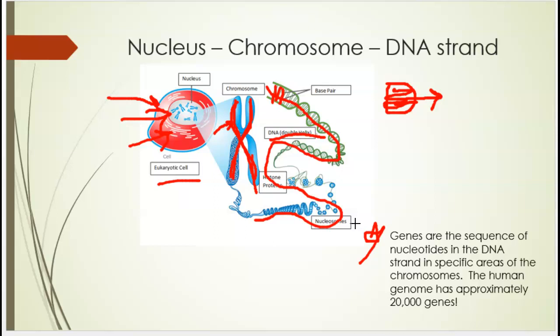Okay, the human genome has approximately 20,000 genes. Every time I go to teach this, honestly, I have to go back and really refocus on it because it's so complicated. Then I'm like, gee, why is it complicated? Because there's 20,000 genes. That's why it's complicated. So let's try to simplify this. We're going to talk about genetic material.